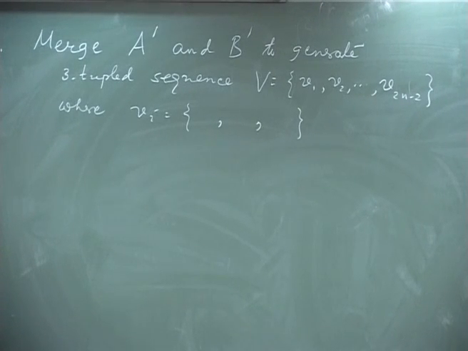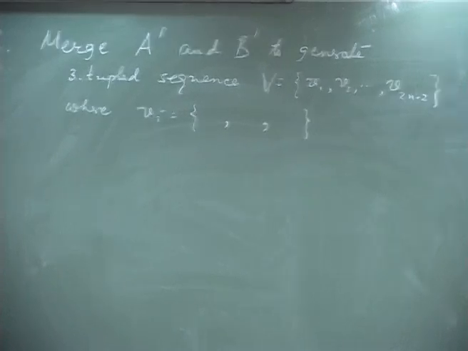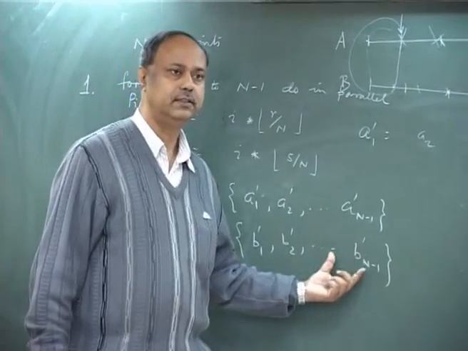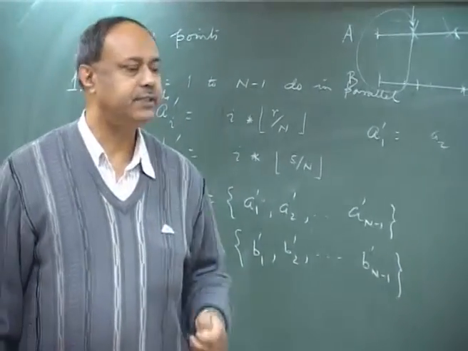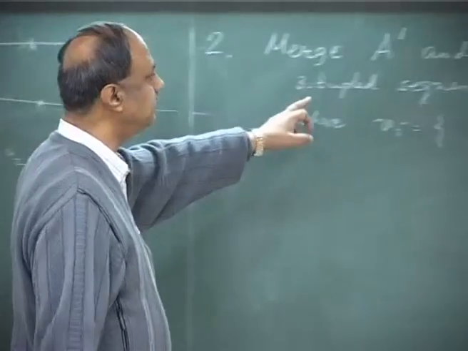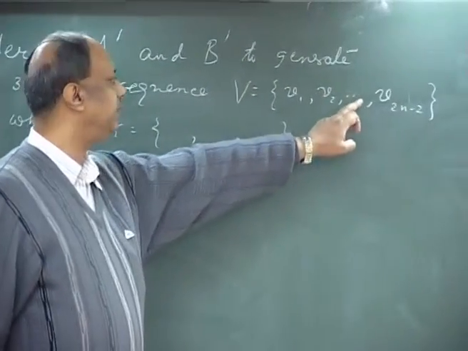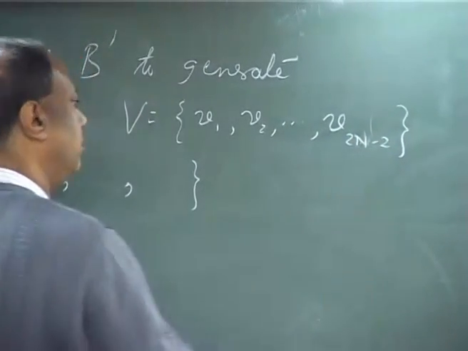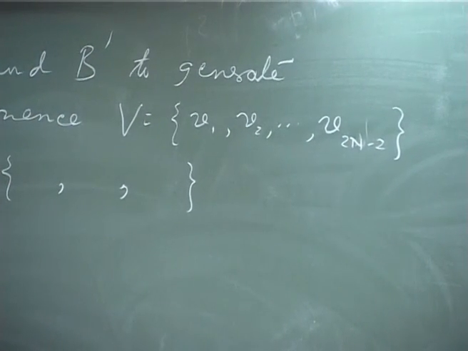So now we are merging these two sequences, A dash and B dash, each having size n minus 1. I merge them and generate a new sequence V of 2n minus 2 elements. Now V_i is a 3-tuple.